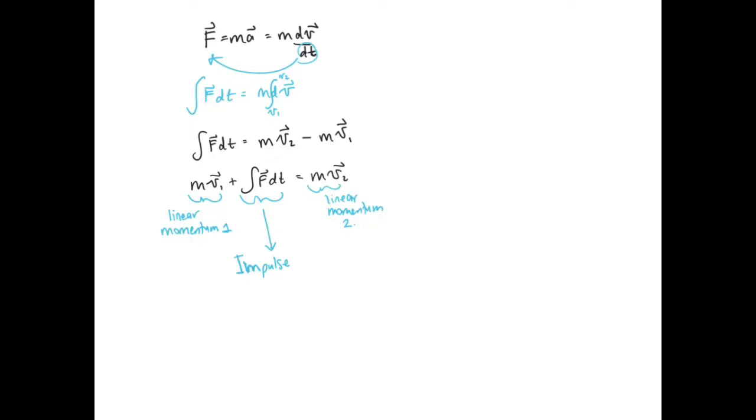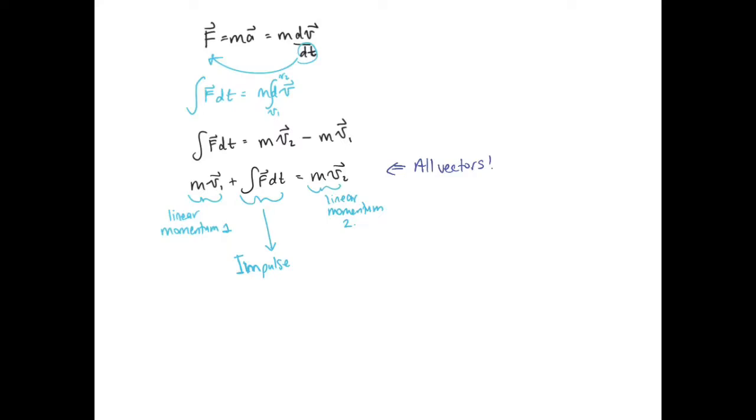So the impulse is that force times the time. So what we're saying is that the initial momentum of the particle plus the sum of all the forces applied to the particle during that moment of time is equal to the momentum of the particle at time 2. Keep in mind here that these are all vectors.